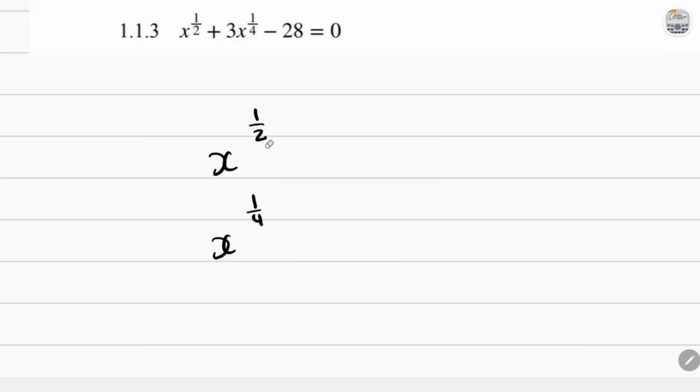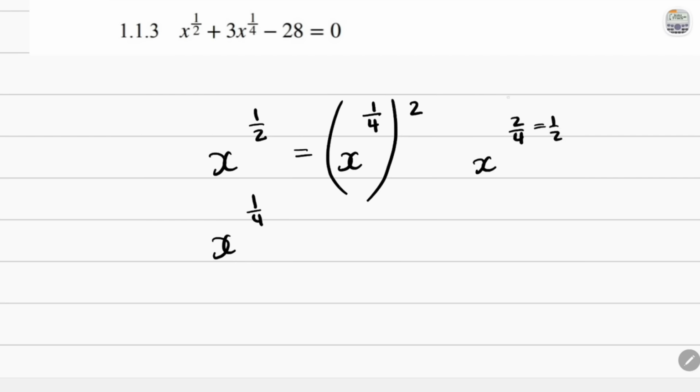The thing about x to the power of 1 over 2 is that it can be written as x to the power of 1 over 4, raised to the power of 2, because those exponents would multiply and become x to the power of 2 over 4, which is a half. So x to the power of 1 over 2 is the squared version of x to the power of 1 over 4.